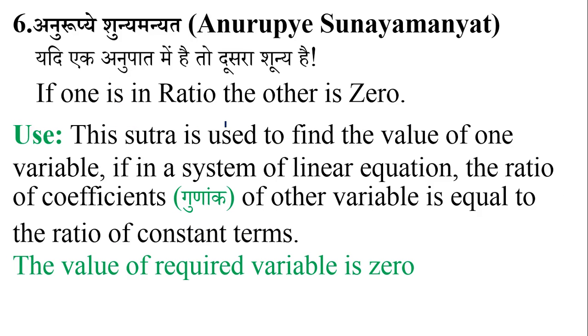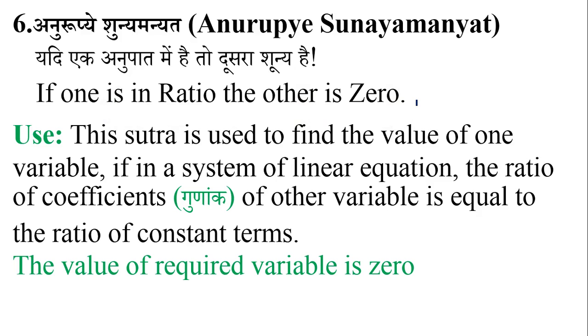Now the next formula, which is Anurupye Shunyamanyat. The meaning of this one is very simple: if one is in ratio, the other is 0. I hope it is very clear. What does it mean actually?